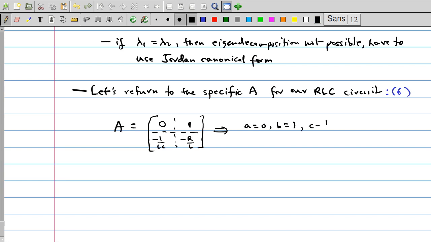Small c is equal to minus 1 over LC, and small d is equal to minus r over L.